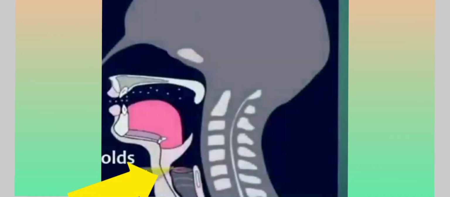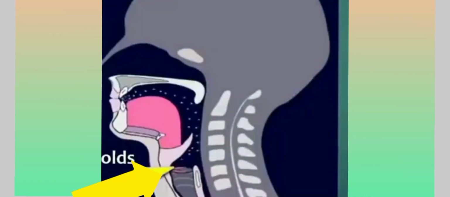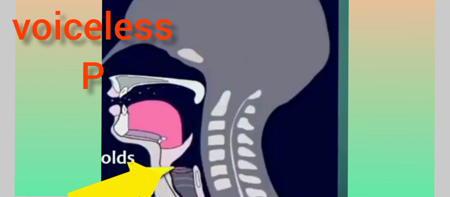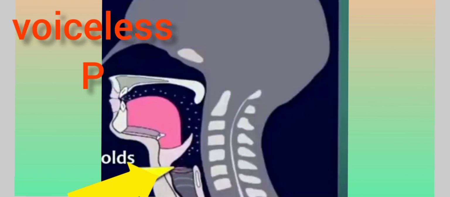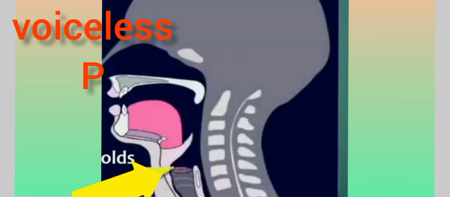The first, voicing. Voicing is the vibration of the vocal cords. We see in the animation for pa, ba, pa is voiceless since the vocal cords do not vibrate significantly.